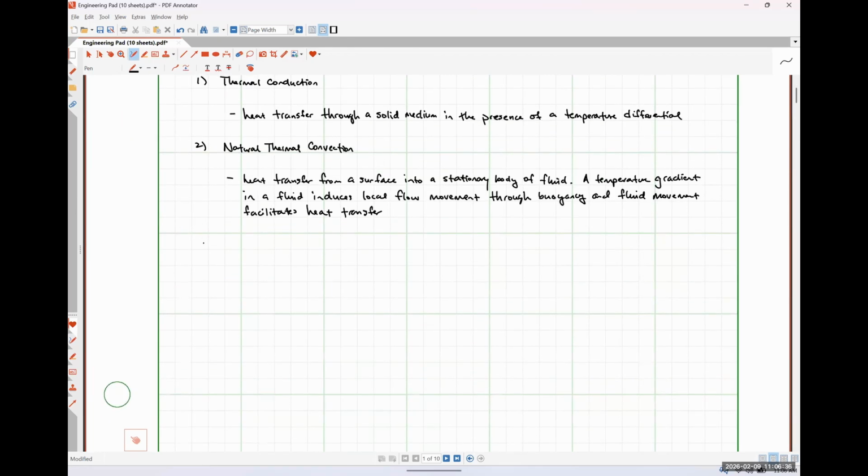Our third method is forced thermal convection. And it is heat transfer to a body of moving fluid.